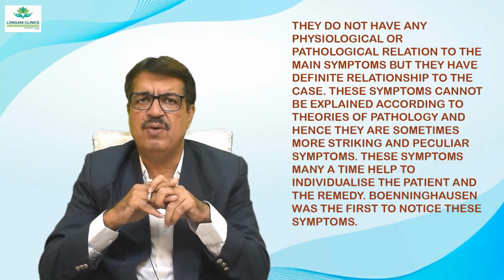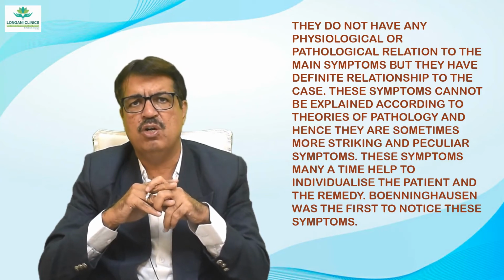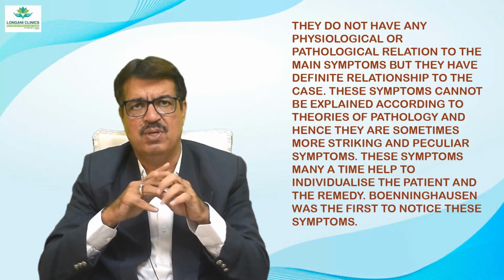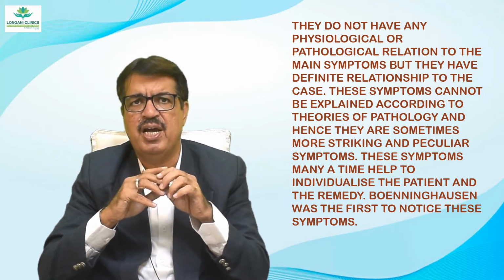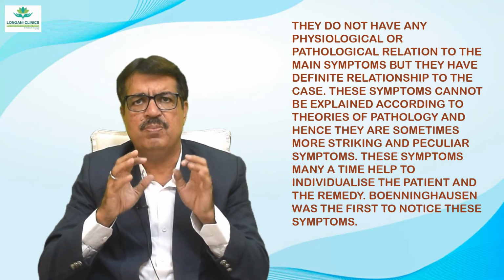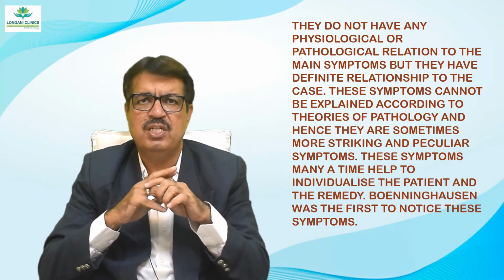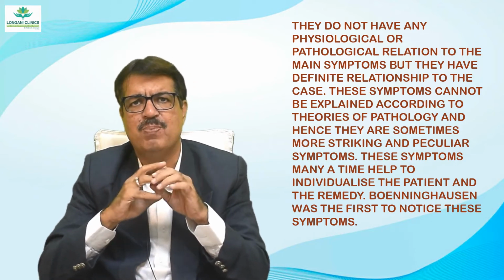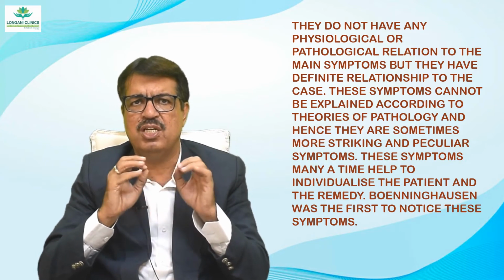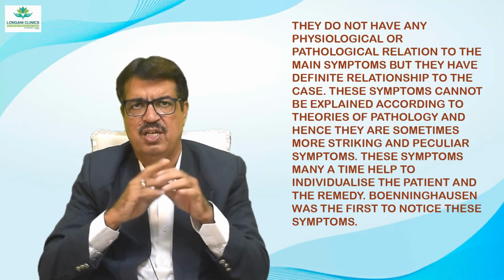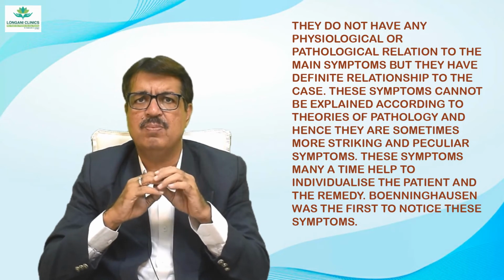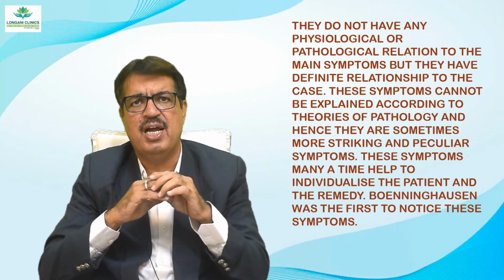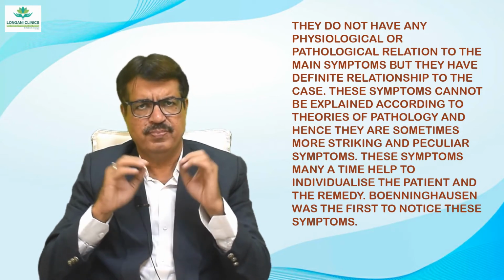They do not have any physiological or pathological relation to the main symptoms, but they have a definite relationship to the case. These symptoms cannot be explained according to the theories of pathology. Hence, they are sometimes the most striking and peculiar symptoms.